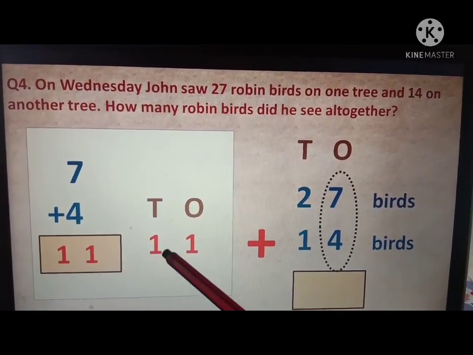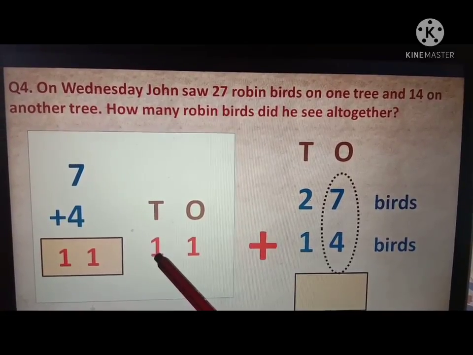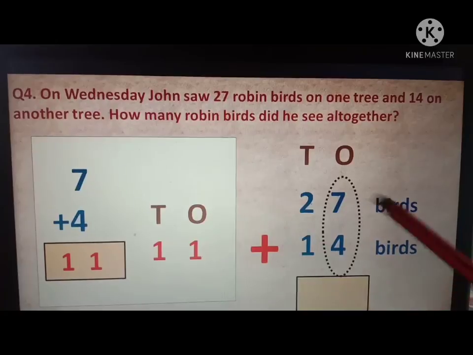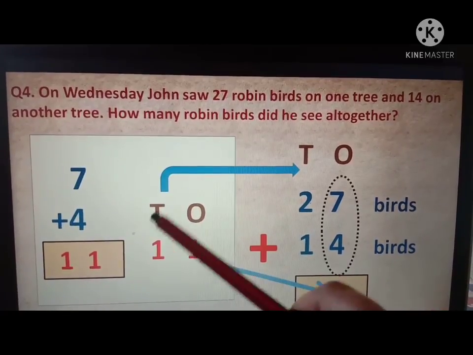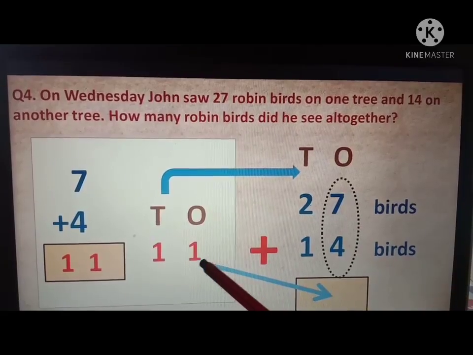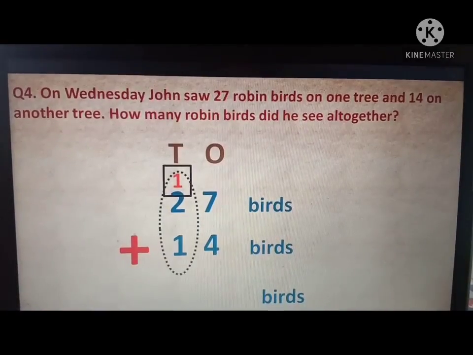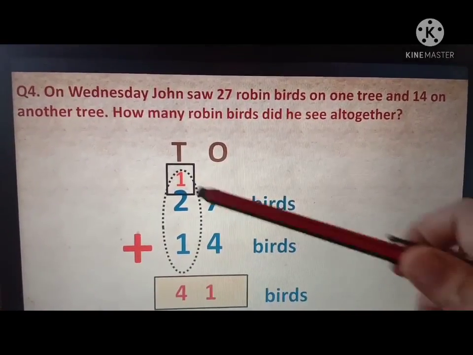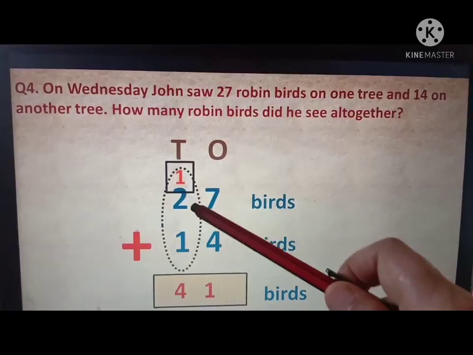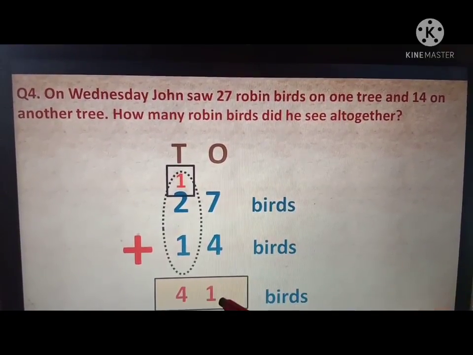And in 11, 1 is at tens place and 1 is at ones place. So we will shift 1 here at tens place and this 1 here at ones place. You can see I have shifted 1 here. So children, we can write here 1 and 1.